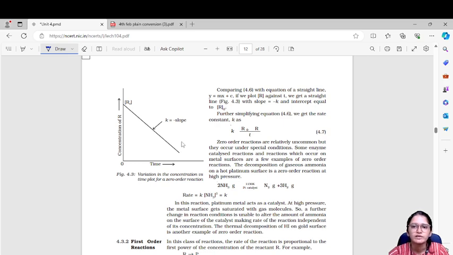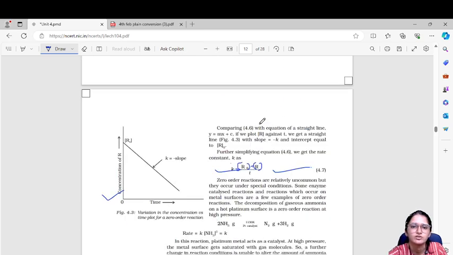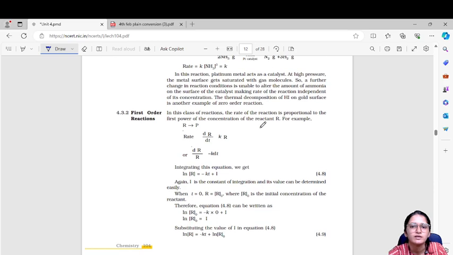Okay, with slope minus k and intercept equal to R naught. So simplifying the equation, we get k is equal to concentration of R naught minus concentration of R, by t. So this is the equation for zero order reaction, which is very important. The graph along with the equation and this derivation. Okay, everything is very important here.